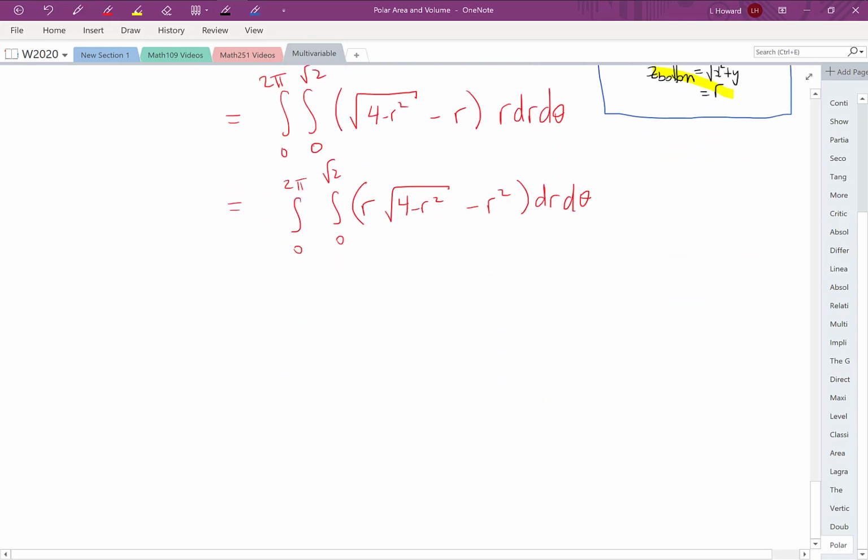So if we look at this first term here, this is going to require substitution to get integrated in terms of r. So I would consider doing the substitution just over on the side and then coming back to the main problem of evaluating this double integral once we've got that substitution figured out.